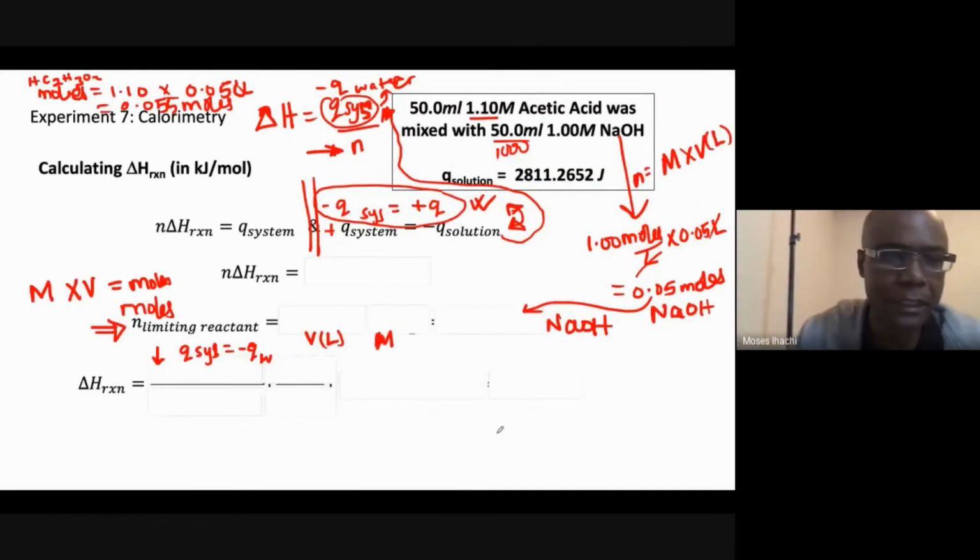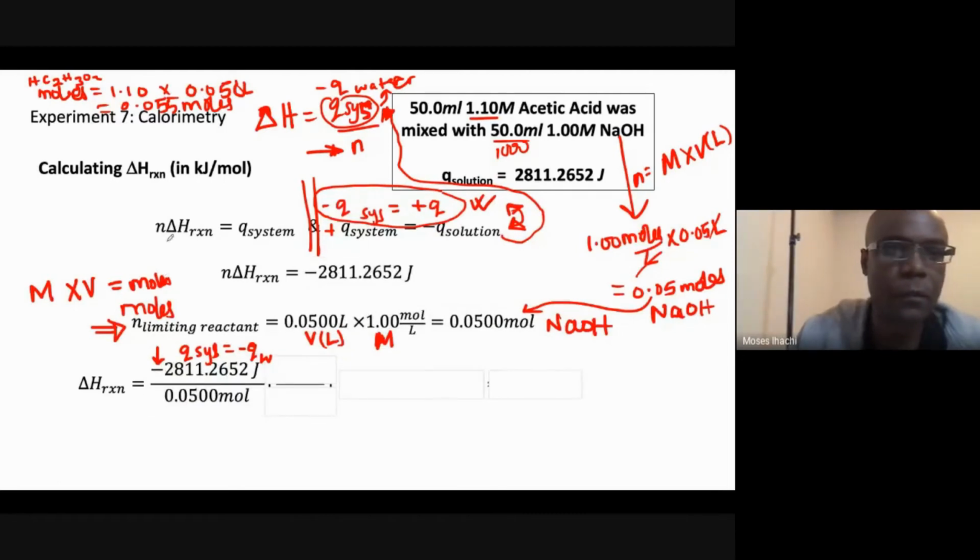So we are using that negative here, because in our formula for finding enthalpy of neutralization, we have Q of a system over number of moles. Q of a system is negative Q of water, so we put the negative here. It's the same value, we just change the sign. Divide by the moles of the limiting reagent.